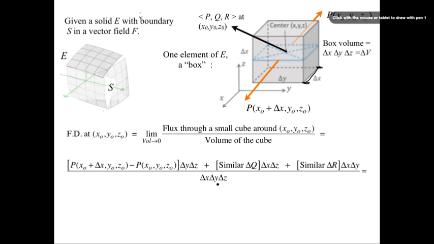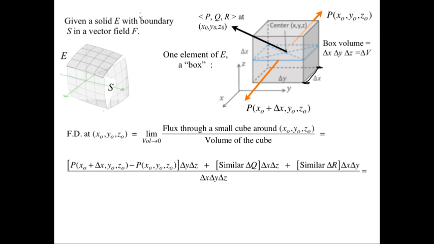So then what happens if we split this up into three fractions? Do you see what happens here? I have delta y delta z over delta x delta y delta z. So we're just going to have over delta x. So it's like the change in P over the change in x. And this will be the change in Q over change in y. And this will be the change in R over change in z.